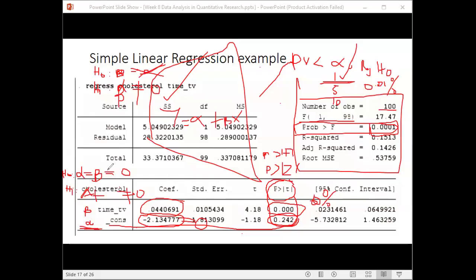So we can reject this null hypothesis saying that all the coefficients are equal to 0 and accept the H1, which is saying that at least one of the coefficients is not equal to 0. Once this is done, then you can be confident that the model you are running is making sense. So there are instances where the whole model does not make sense, so you don't even get anything to explain.